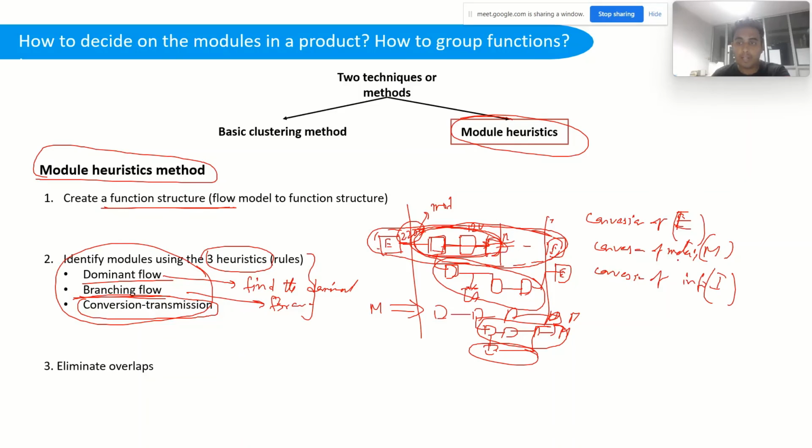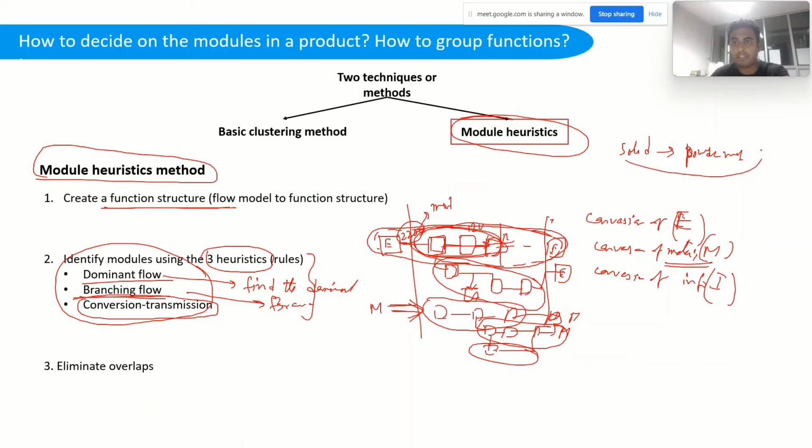Similarly, conversion of material. For example, in a certain scenario where you feed a particular material and the material changes its property. For example, you give a solid material and you convert it into a powder material.